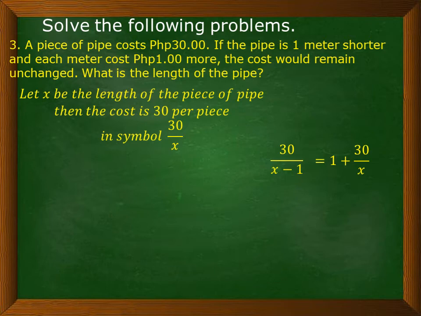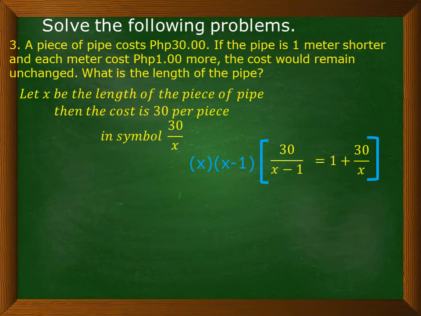So the cost 30 over x will be added by 1. So 1 plus 30 over x or 30 over x plus 1. It can be interchanged. Okay, so this will be multiplied by the LCD, which is x times x minus 1.